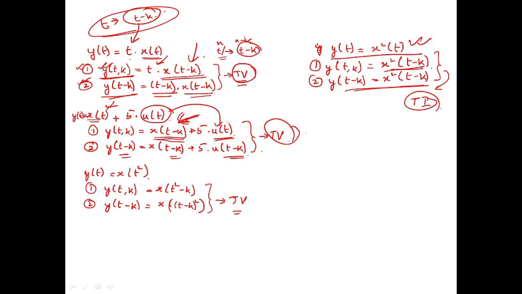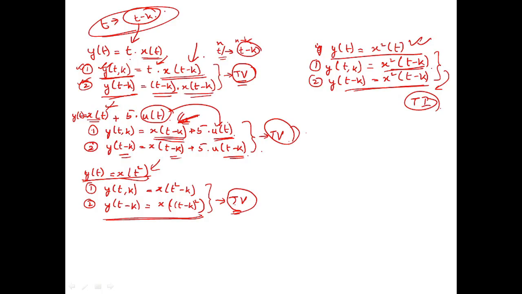Now coming to the last example of this section, time varying section, y(t) equals x of t square. So y(t) equals x of t square minus k, and here t is being replaced with t minus k, so it becomes t minus k whole square, which again becomes a time varying system.